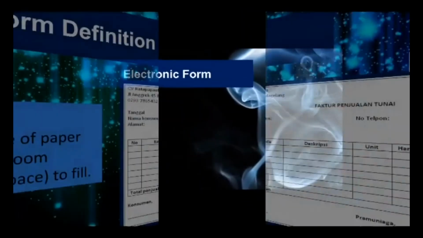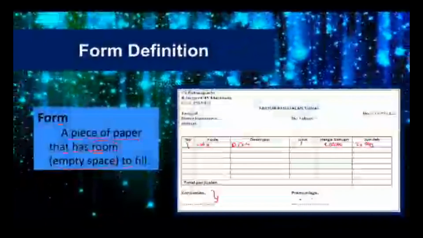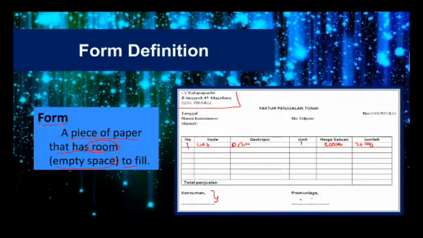I mean this one. So you can see here there is a block for the company's name and address, and also their phone number, and then there is a block for what kind of information needs to be filled out here.